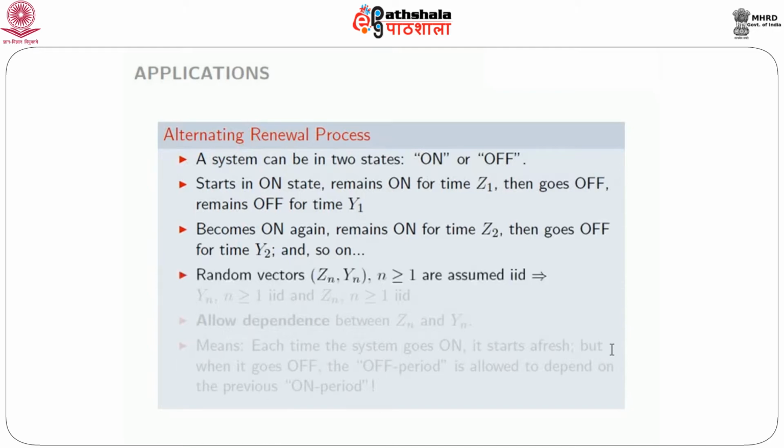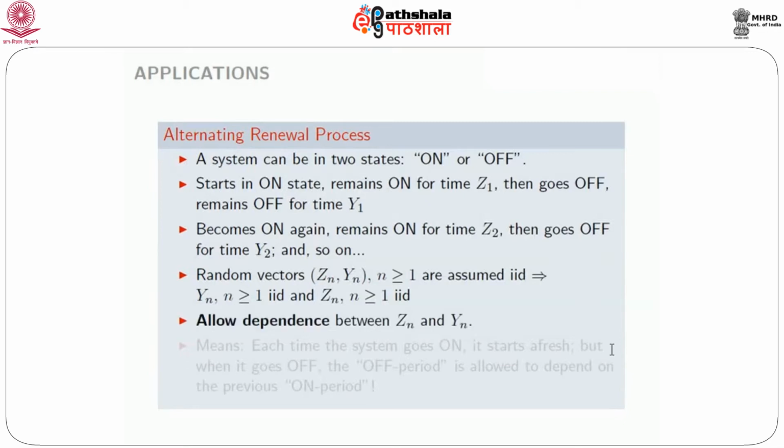The random vectors (Zn, Yn), that is the pairs (Z1, Y1), (Z2, Y2), (Z3, Y3), are assumed to be IID, which of course would imply in particular that the Y's are IID and the Z's are IID. However, it is important to note at this point that we are not assuming that Z1 and Y1 are independent, or Z2 and Y2 are independent.